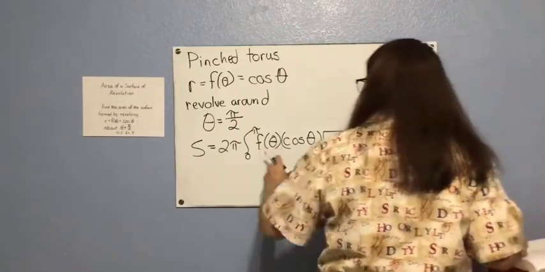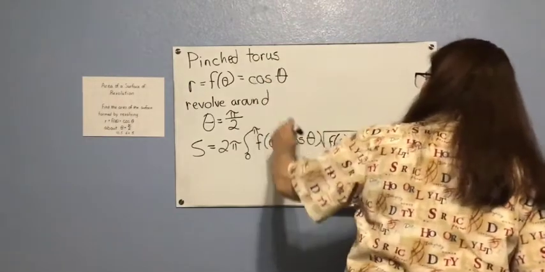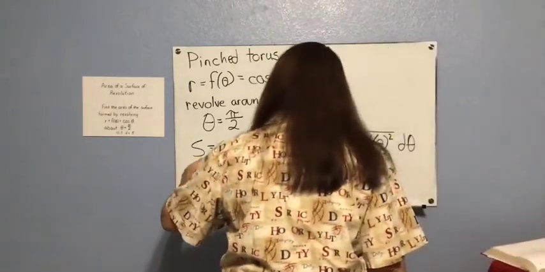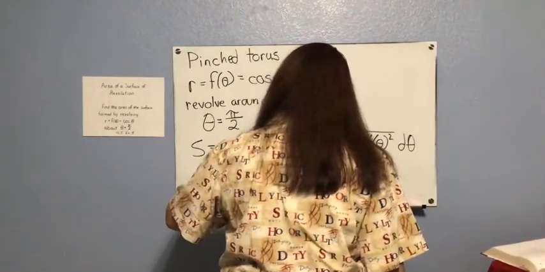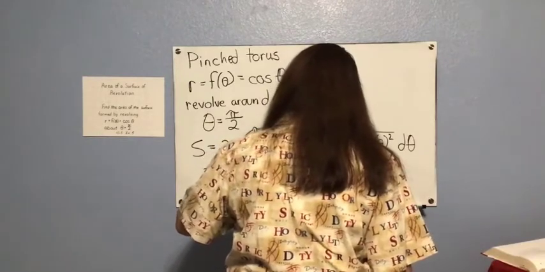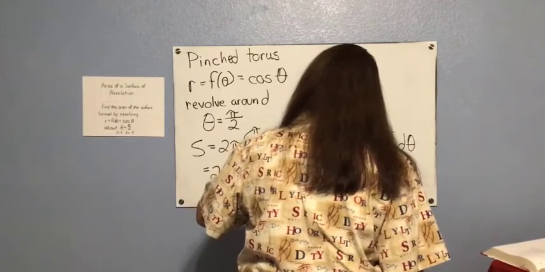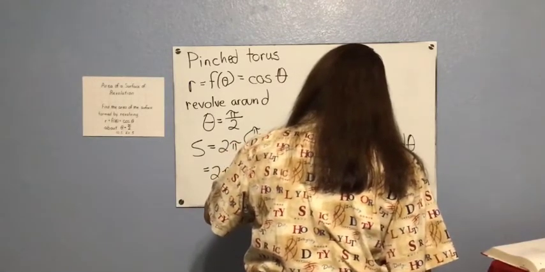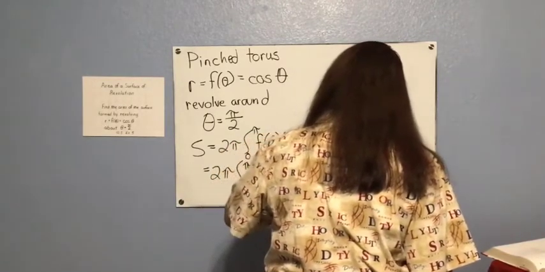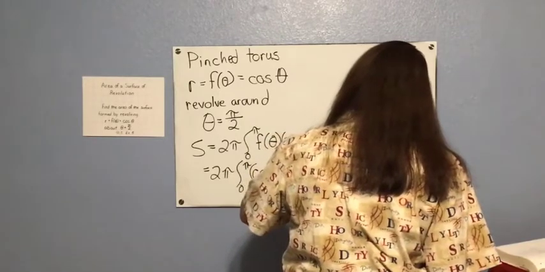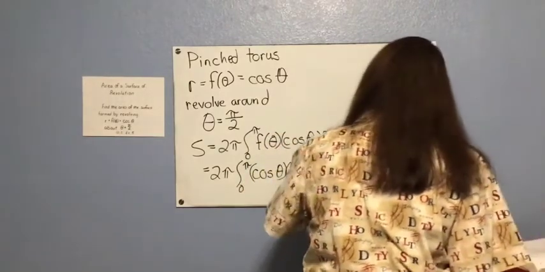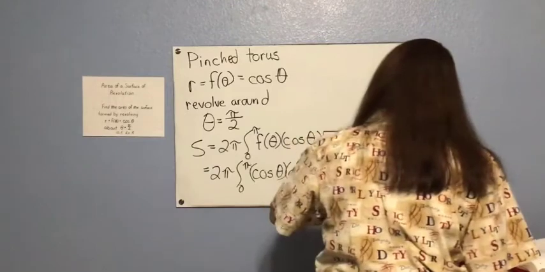Okay, I'm going to replace the f of theta with cosine theta. So I'll have 2 pi from 0 to pi of cosine theta times another cosine theta times this radical.